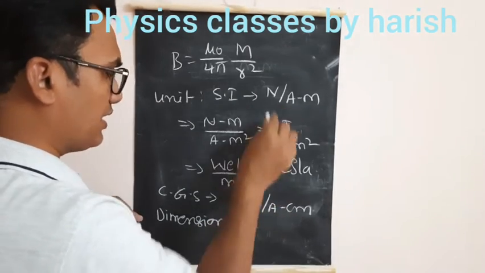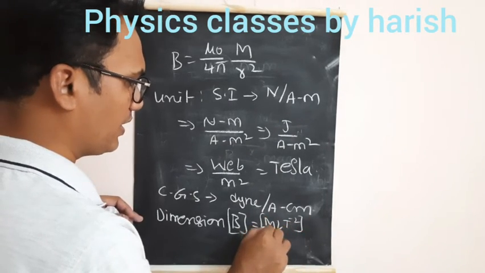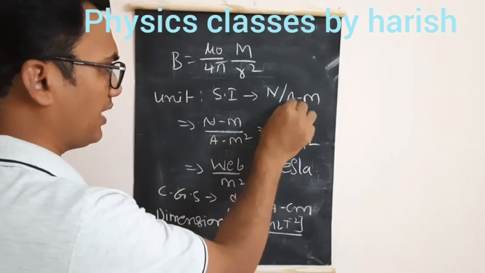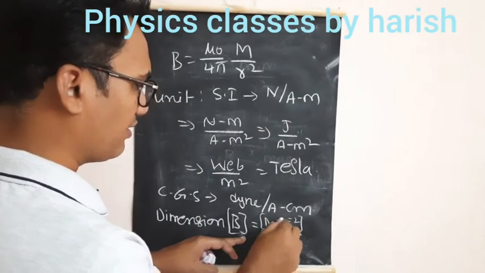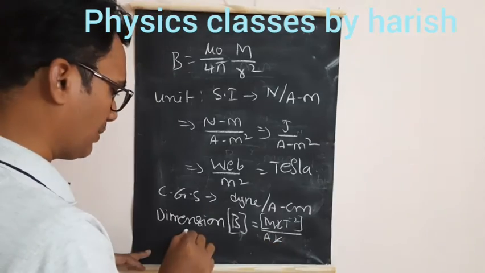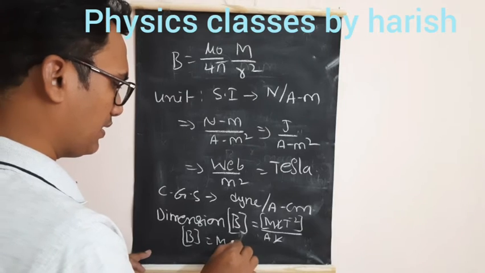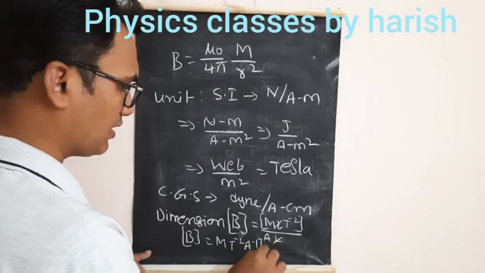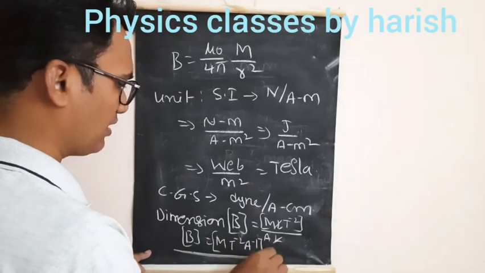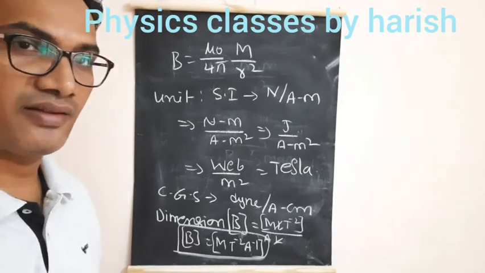Newton is M L T minus 2, divided by ampere meter. Ampere is A and meter is L. L will be cancelled. So the dimension formula of B is M T minus 2 A minus 1. This is the dimension formula of the magnetic induction or strength of the magnetic field.